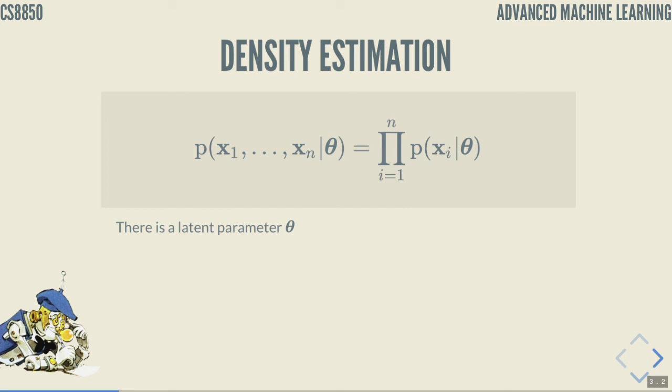And so now we have an unobserved or latent parameter theta. And for all indices, for all of the samples in the data set, we draw observation from the parametric distribution given theta. So theta is a parameter.